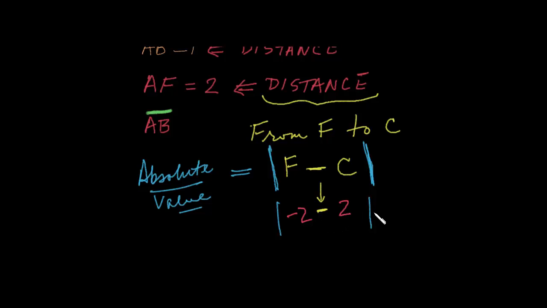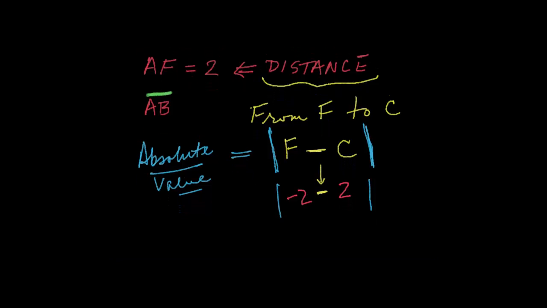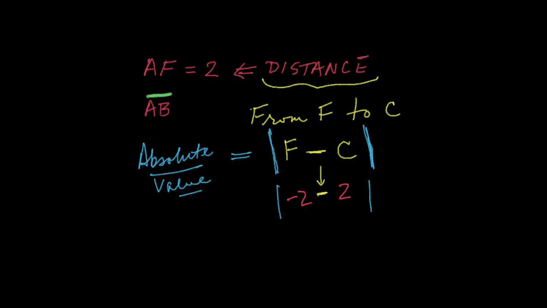And the nice thing about the absolute value bars, if you've worked with these in basic math, is that all of our basic math skills come to play here. We're going to say that that's going to end up being the absolute value. Now, -2 minus 2 would give us -4.